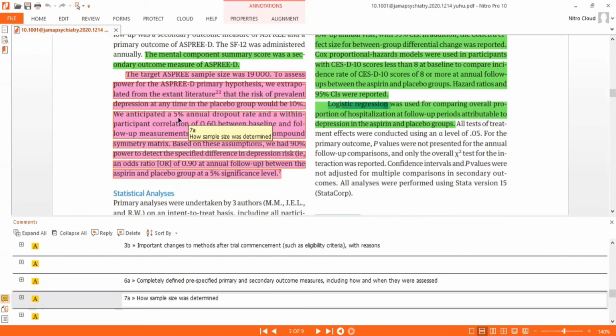We anticipated a 5% annual dropout rate and a within participant correlation of 0.60 between baseline and follow-up measurements of depression using a compound symmetry matrix. Based on this assumption, we had 90% power to detect the specified difference in depression risk, and etc. in pink highlight.